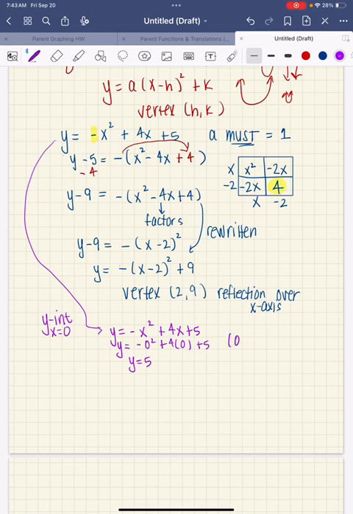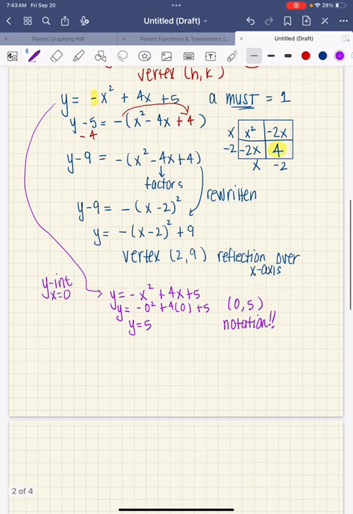Notation matters. The y-intercept is (0, 5), not y equals 5. Don't forget your notation. The other way you could have done it was from your vertex form. It takes a little bit longer, but it works. I caution you because if your vertex form is incorrect, your y-intercept is going to be incorrect.